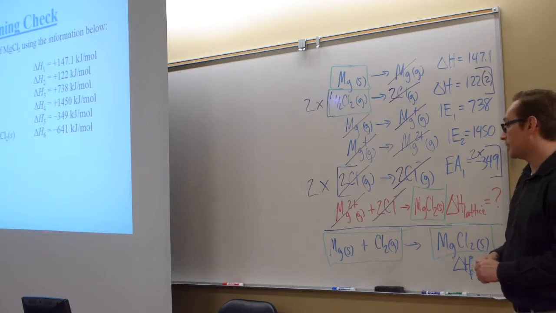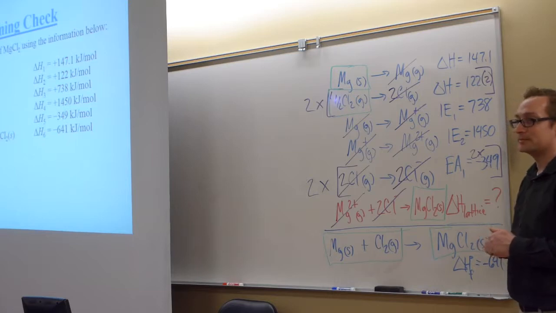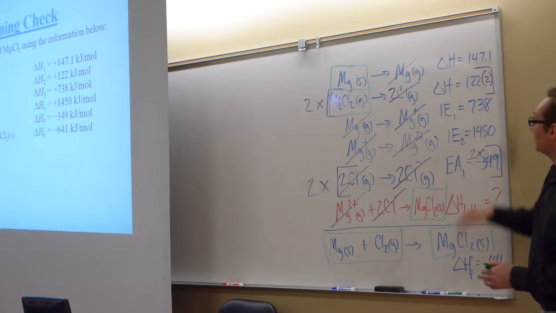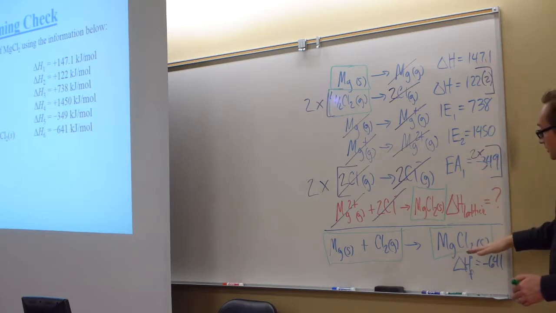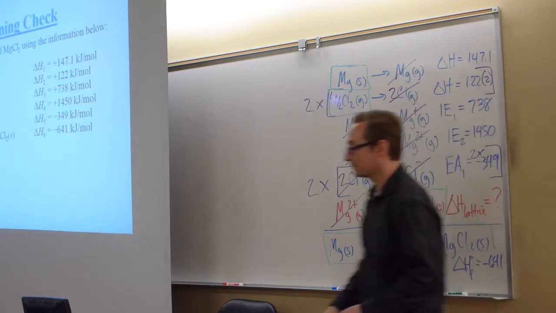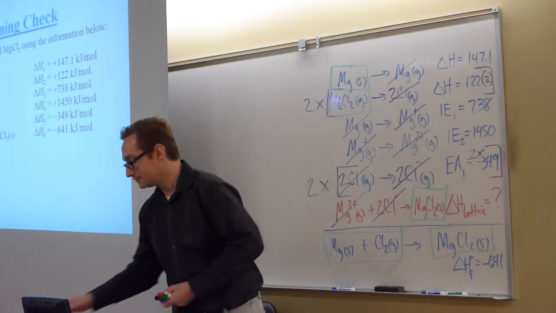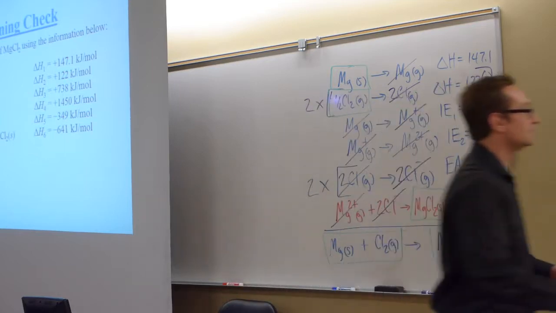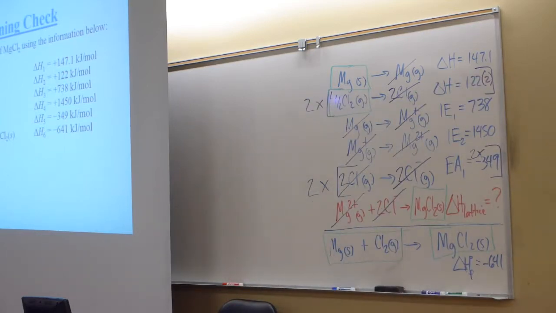And now the problem is easy from here, because we just have to add up all these numbers to the formation reaction. All right, so let's do that. It's going to be the same process as what we have up here.